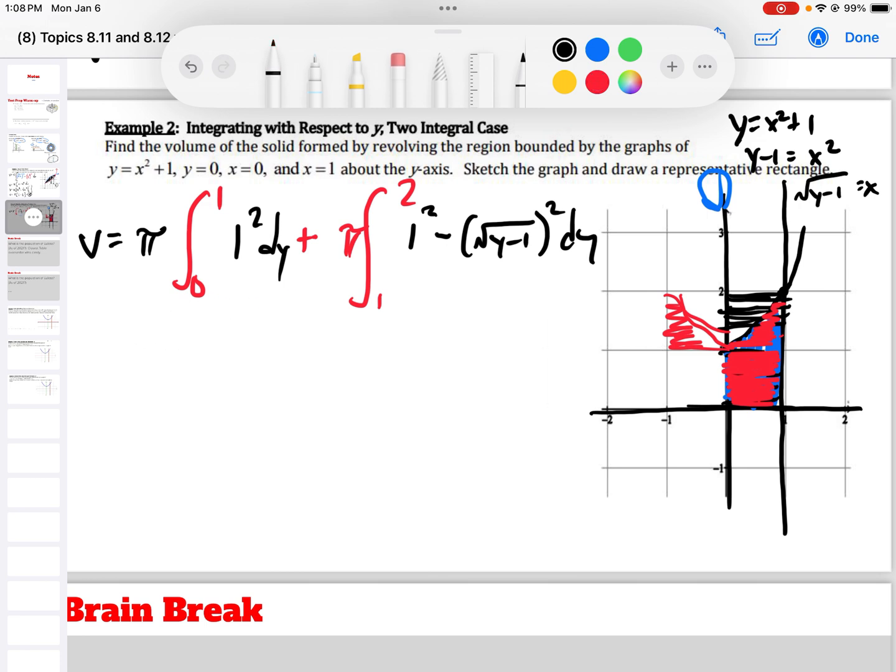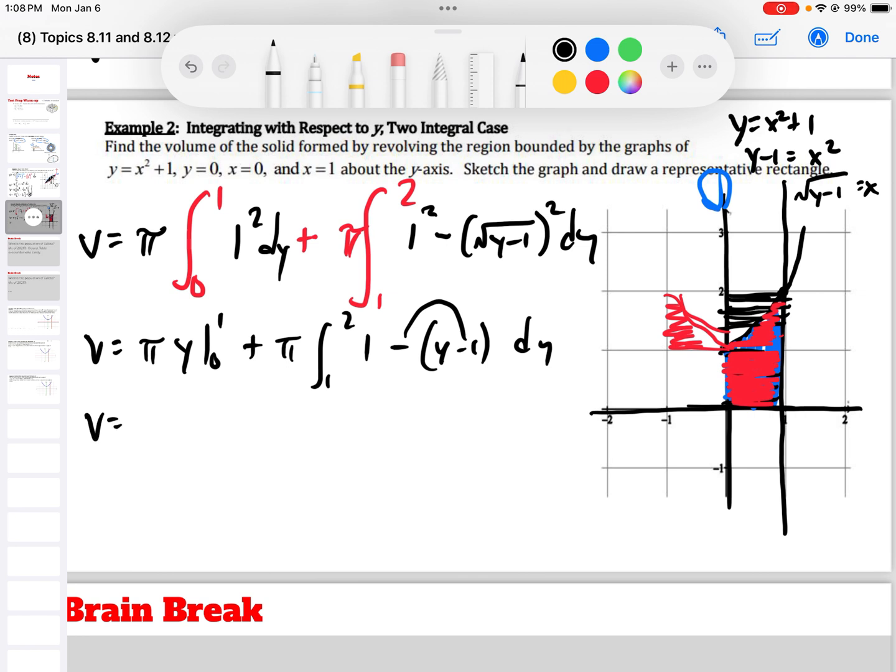All right, from here we just integrate. Volume is equal to 1 squared; the antiderivative of 1 is y, but plug in 1, so y. Plus, I'm going to clean this up first before I actually do it: 1 minus y minus 1.